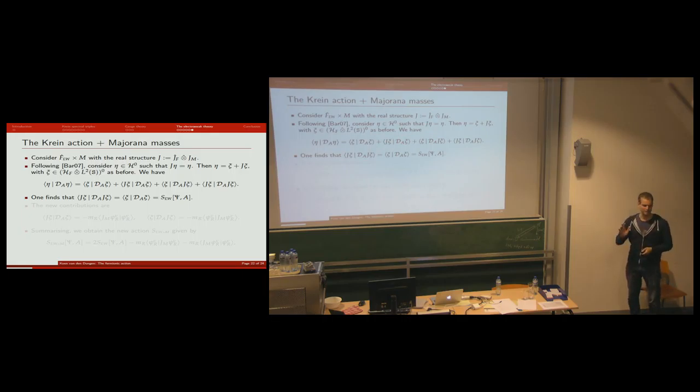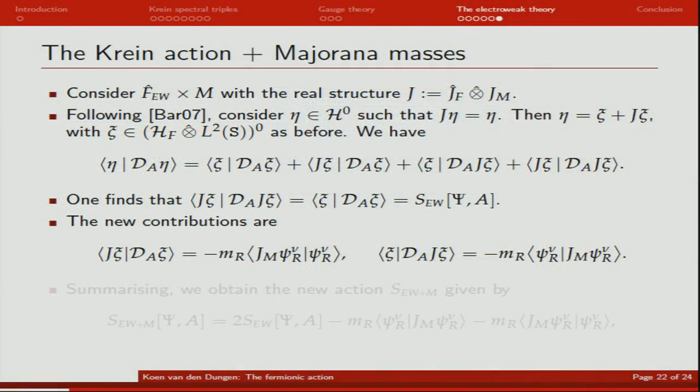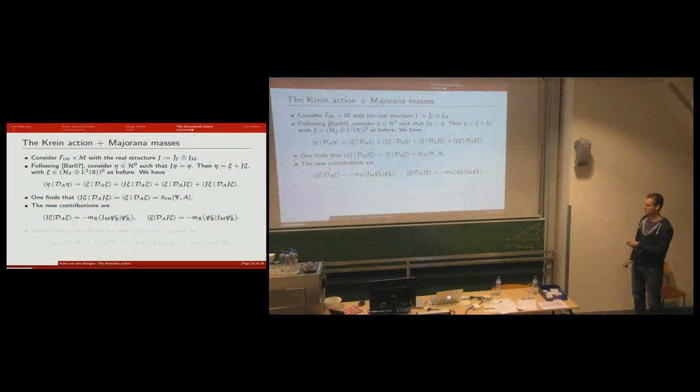So it's only the Majorana mass term that contributes. So we only have to look at the right-handed neutrino inside this psi. So the calculations are not too difficult. And what you get is that these terms give you mass terms for the right-handed neutrino, which are Majorana mass terms because it is coupled to its own charge conjugate.